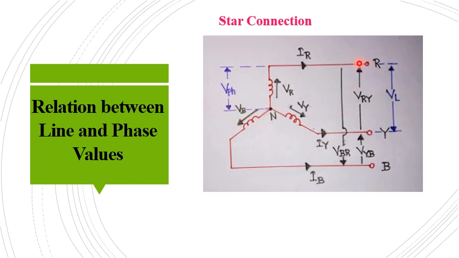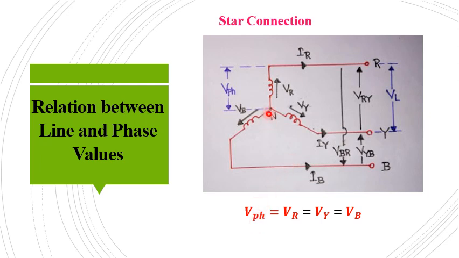Here we have three transmission lines. In the figure, the phase voltages are marked as VR, VY and VB. So these three are the phase voltages.